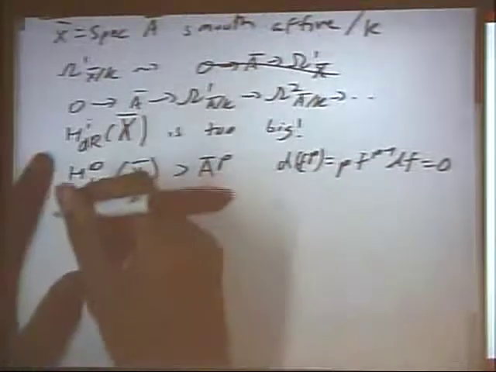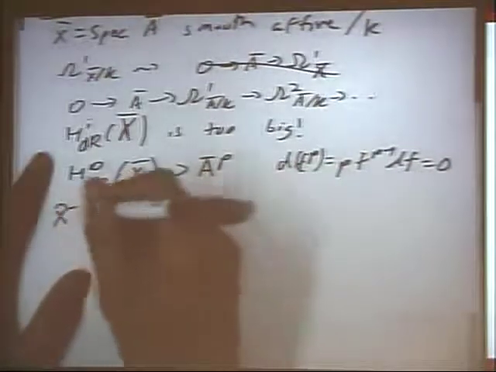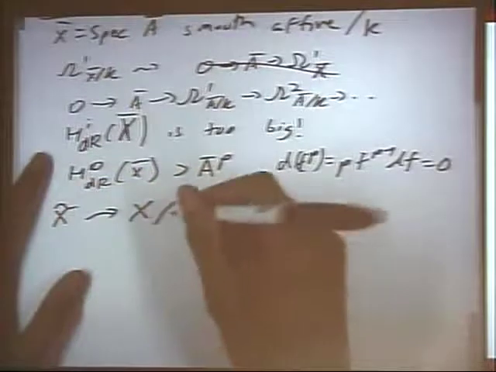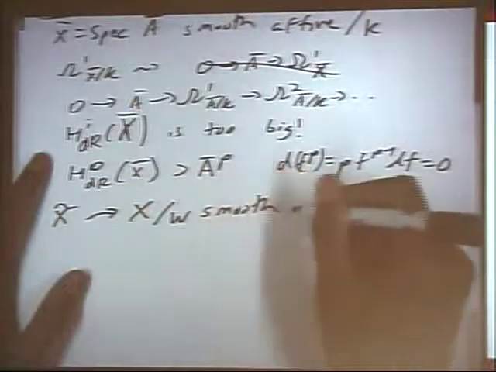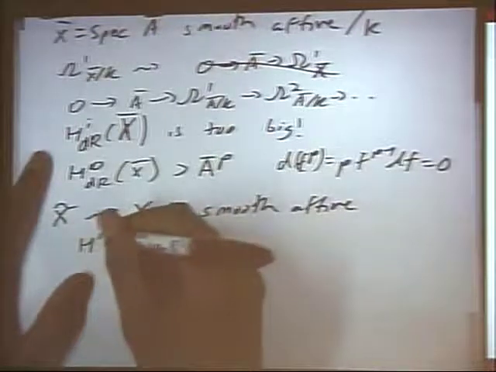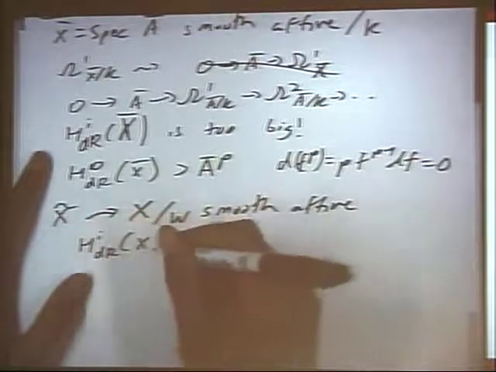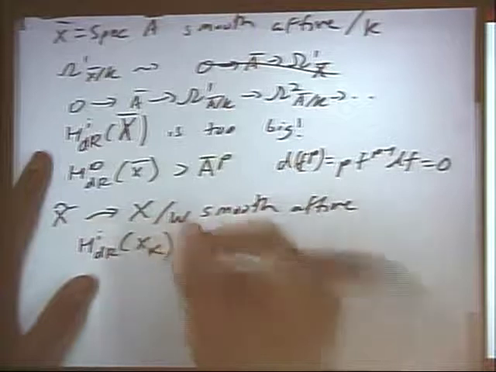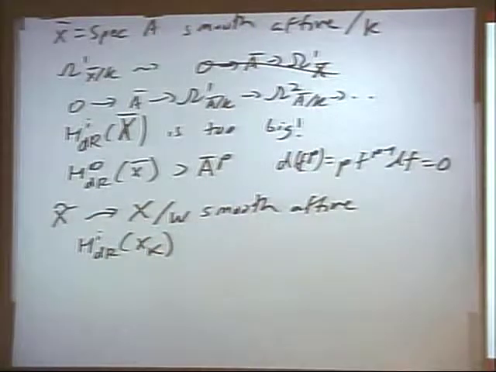So if I lift x bar to some x over W, which is smooth affine, then I could try looking at the de Rham cohomology of the generic fiber, x over K. Because that's something over a field of characteristic 0.